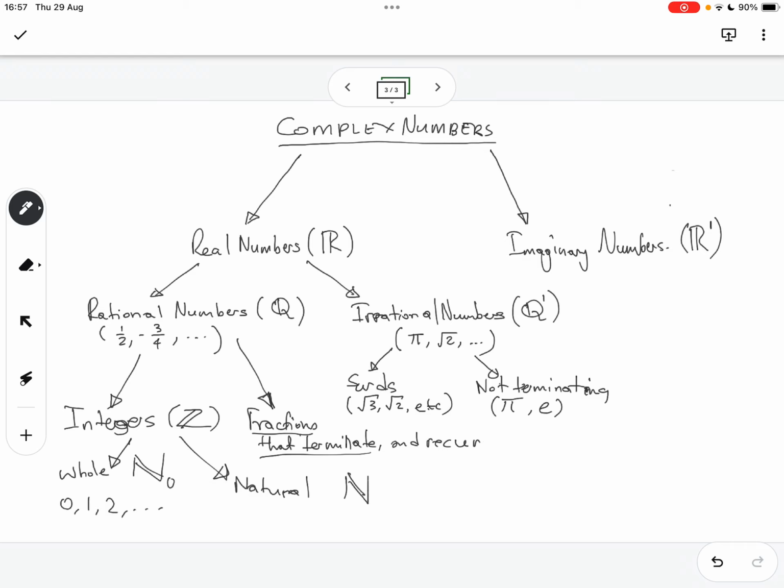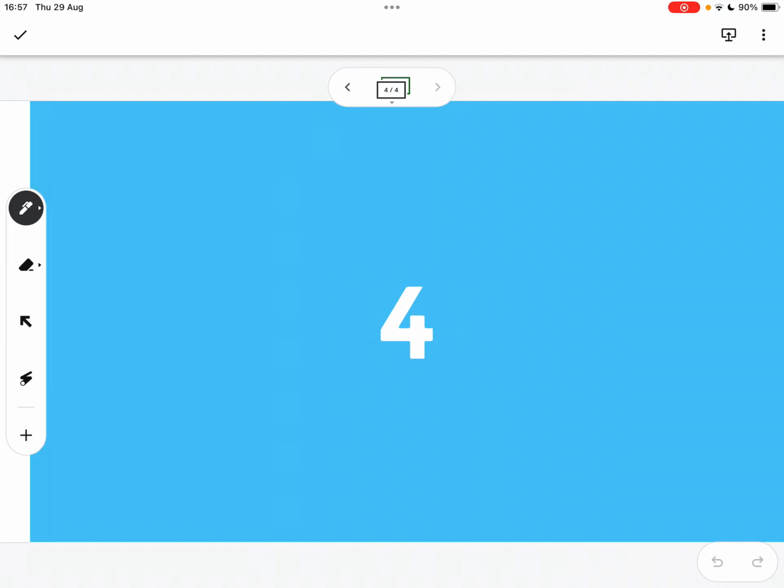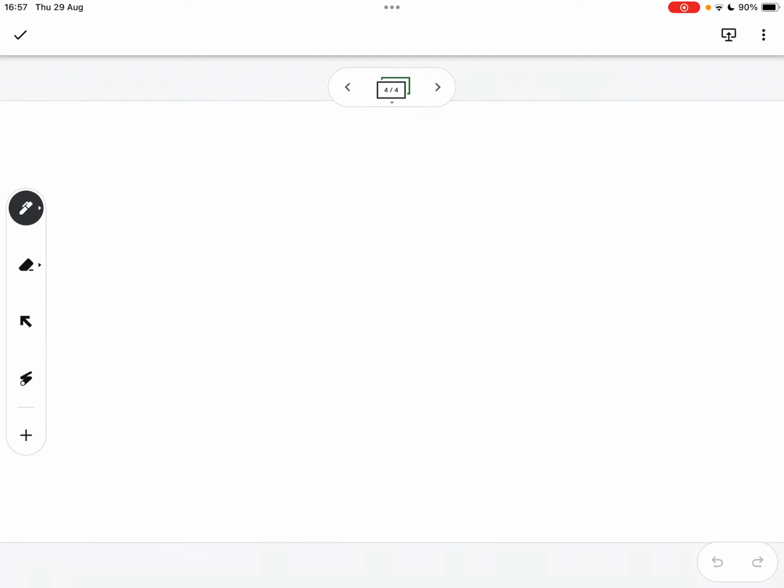So just read the next part. You can see that the real number system consists of all rational and irrational numbers. Rational numbers can be integers, fractions, or recurring decimals. The integers include all negative numbers, positive numbers, and 0.